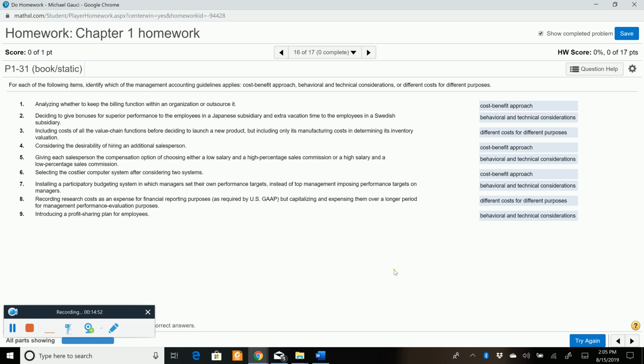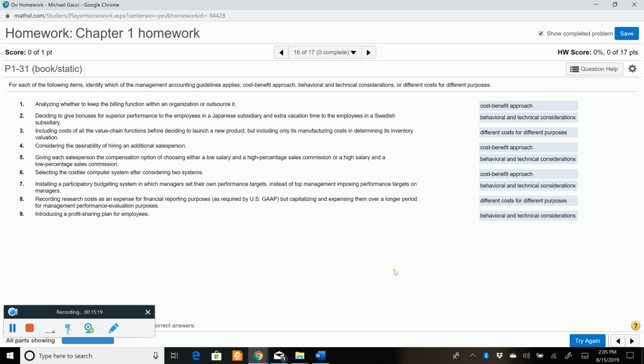Number 2, deciding to give bonuses for superior performance to the employees in a Japanese subsidiary and extra vacation time to the employees in a Swedish subsidiary. So we're looking at our plants around the globe, and certain individuals in certain plants are going to be incentivized in a certain behavioral way.